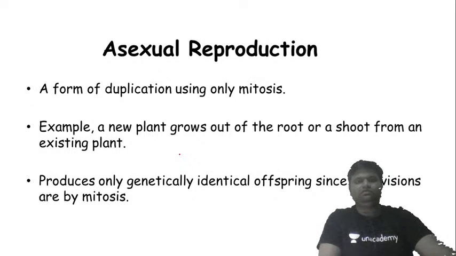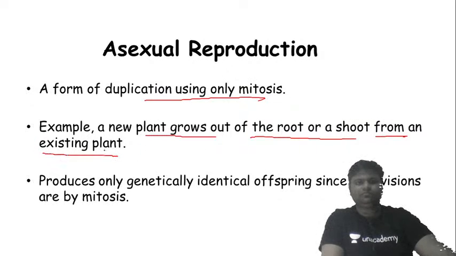So asexual reproduction is a form of duplication using only mitosis. For example, a new plant grows out of the root or a shoot from an existing plant, and it produces only genetically identical offspring, since all divisions are by mitosis.